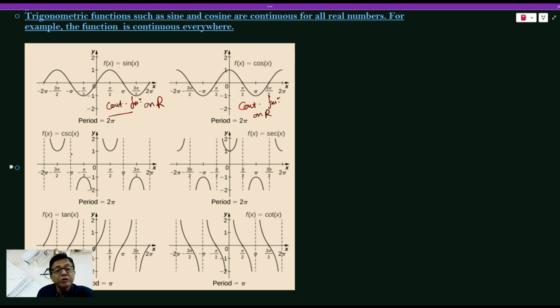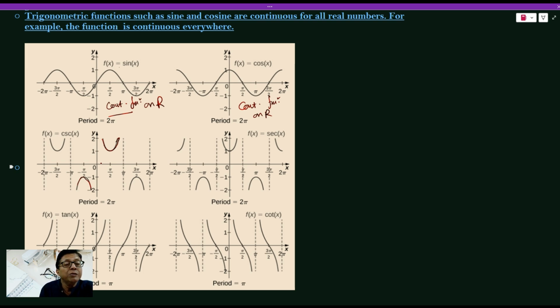This one, see, this function is cosec x. It is not continuous at which point? At 0. At 0, you are plotting the graph of this function, but when you go there, you have to lift your pen or pencil. Then the graph of this function is not continuous. We'll say that function is not continuous.